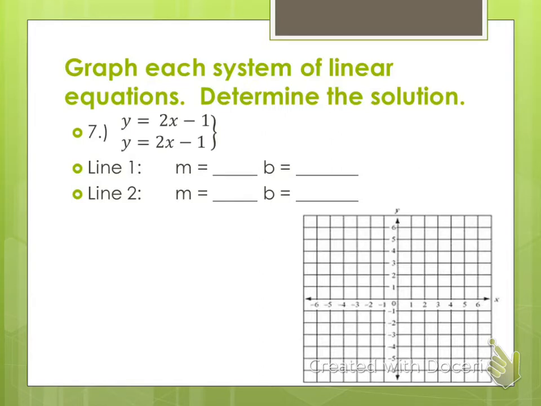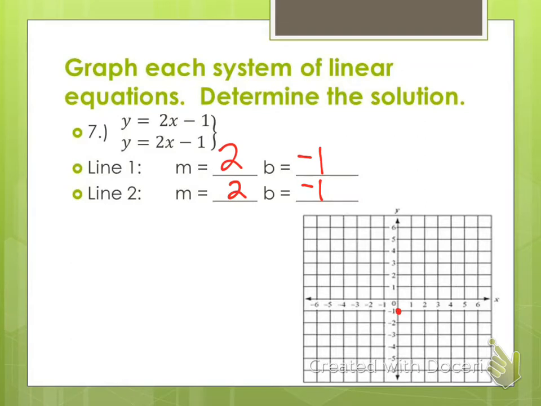What's M and B for the first line? B is -1. Wonderful. M is 2. Beautiful. So we got 2 and -1. What do we notice about the second line? It's the same exact line, which means its M and B are the same exact thing. So when we go to graph line 1, really we're also graphing line 2.